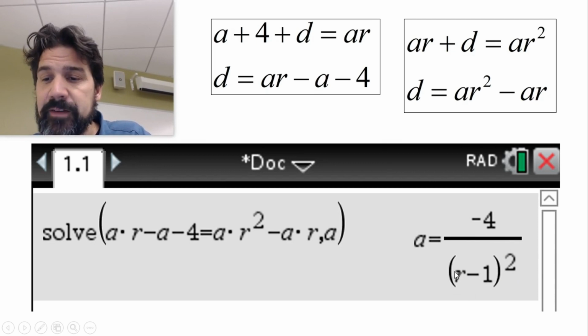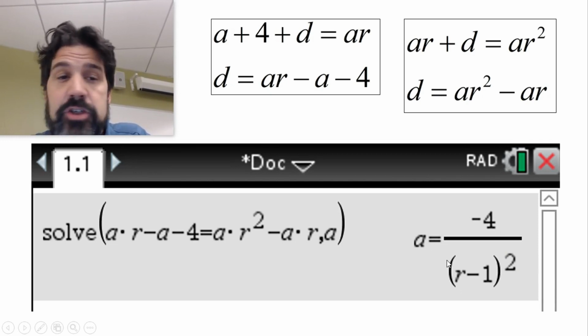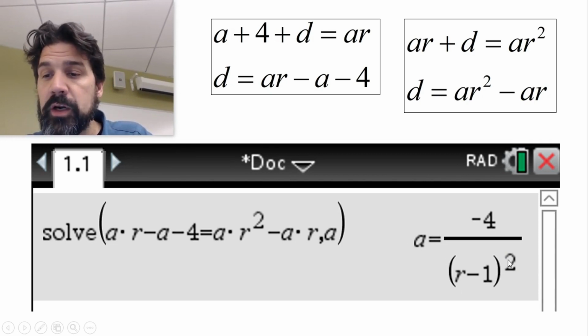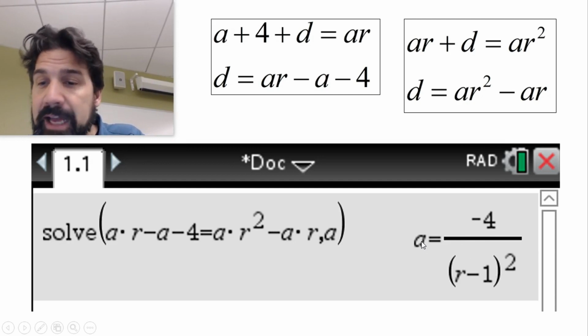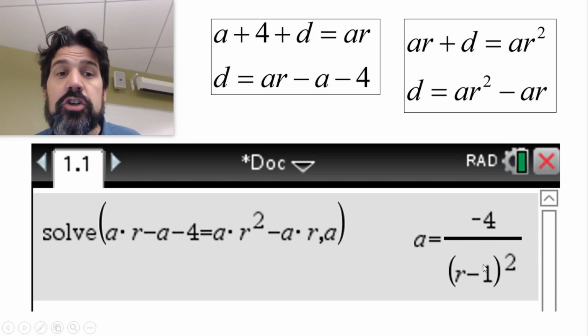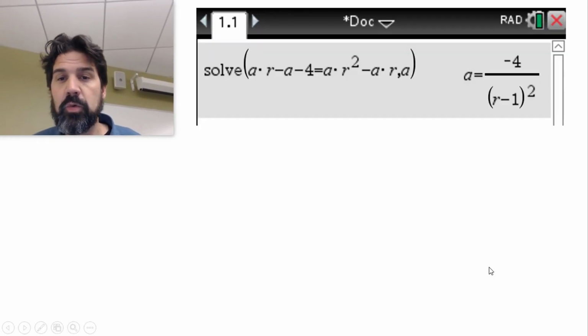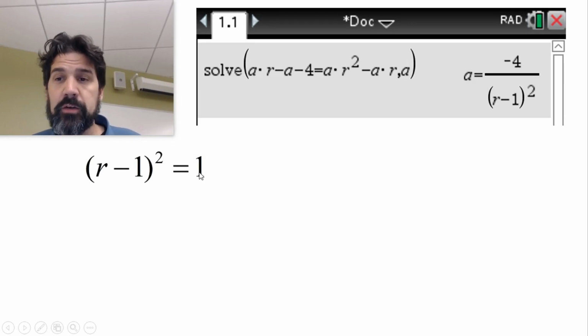Notice this can't be negative down here because I'm squaring it. So r minus 1 squared has to either be 1 or 4. There are no other possibilities that will work. If it's larger than 4, a will be a fraction. That's a huge step right there.